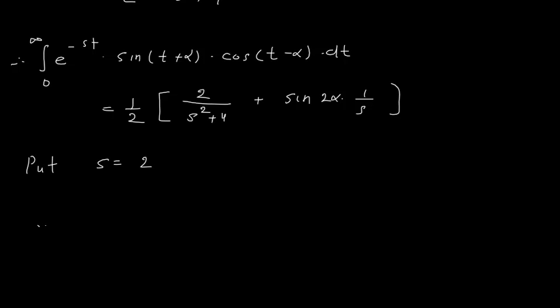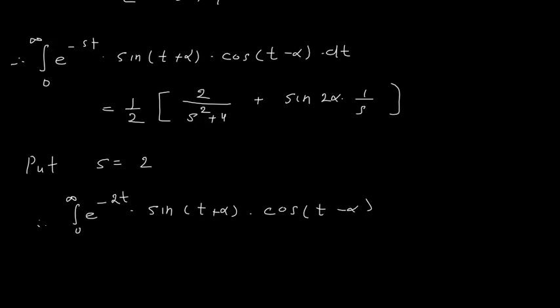We get the integral from 0 to infinity of e power minus 2t into sin(t plus alpha) into cos(t minus alpha) dt.